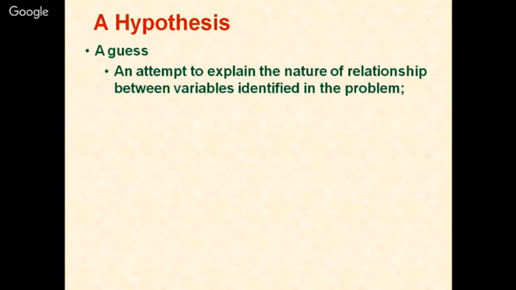You will say that there exists no significant relationship between the teaching experience and the achievement of students. So you will begin with the null hypothesis, and you have to verify it experimentally. If the results say that there exists a relationship, then you will reject the null hypothesis, and if the result says that there is no relationship, then you will accept the null hypothesis.